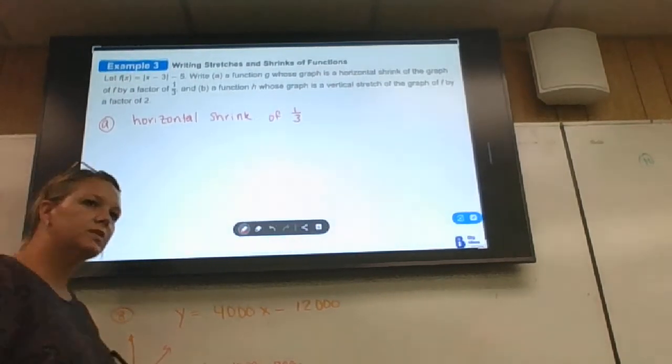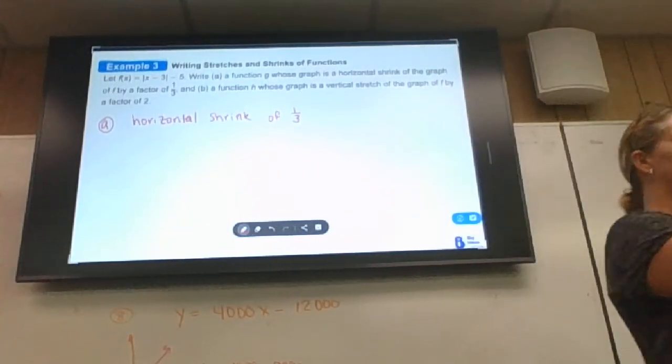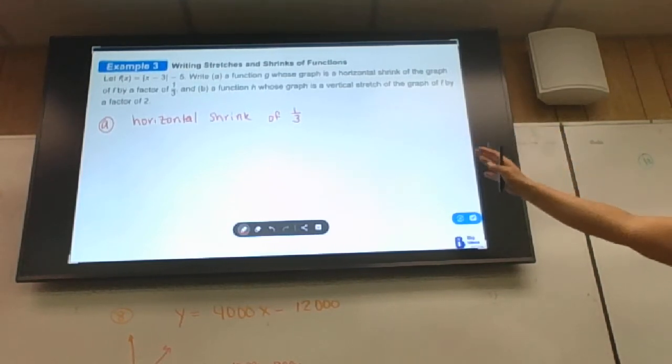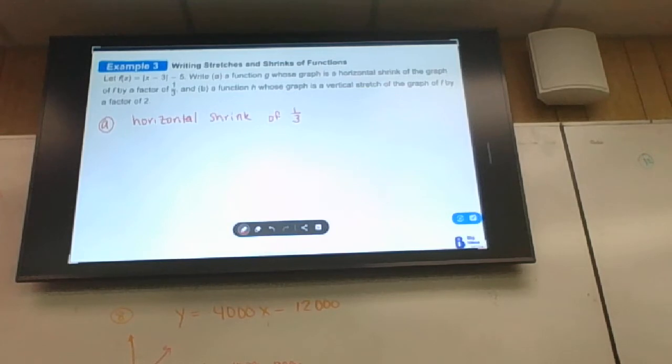Okay, so picture a horizontal shrink. Horizontal means this way, so shrink means we're squeezing the rubber band together. So when we're squeezing the rubber band together, this says that we're going to divide our x values by 1/3. Squeezing it together, the effect of that actually takes the y values up, right?